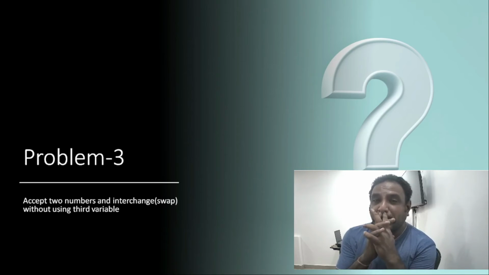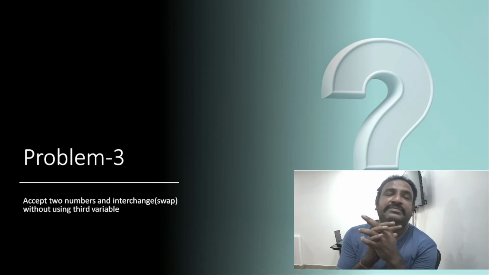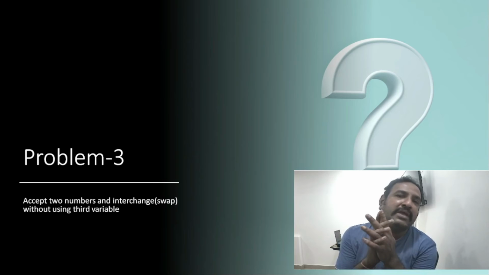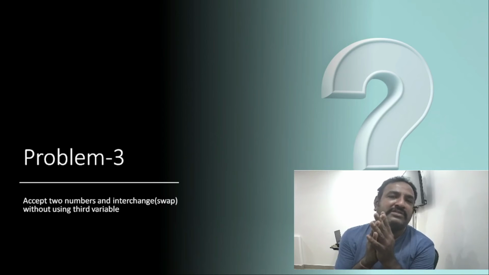In this case, how much do I have to reduce? 38 minus 25, that is 13. That means n2 minus 13 is written in the formula. That is 38 minus 13, it becomes 25. Values are interchanged for these numbers only.